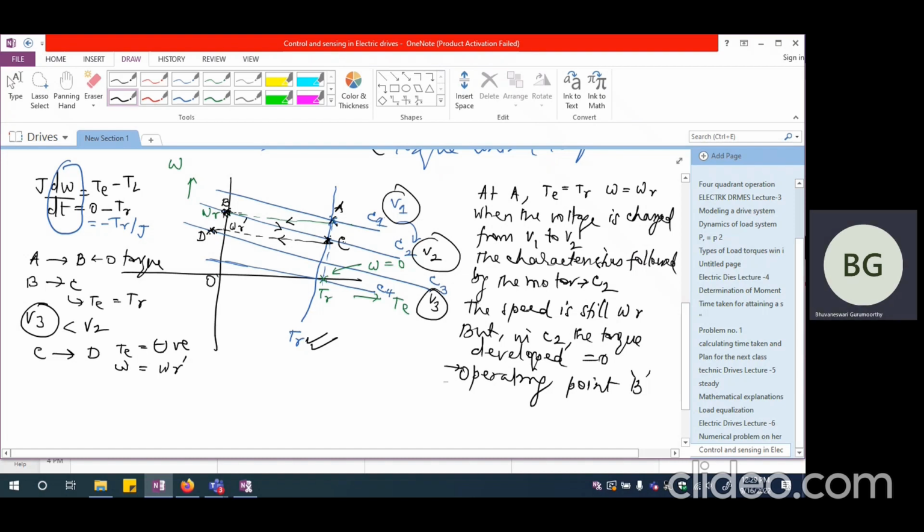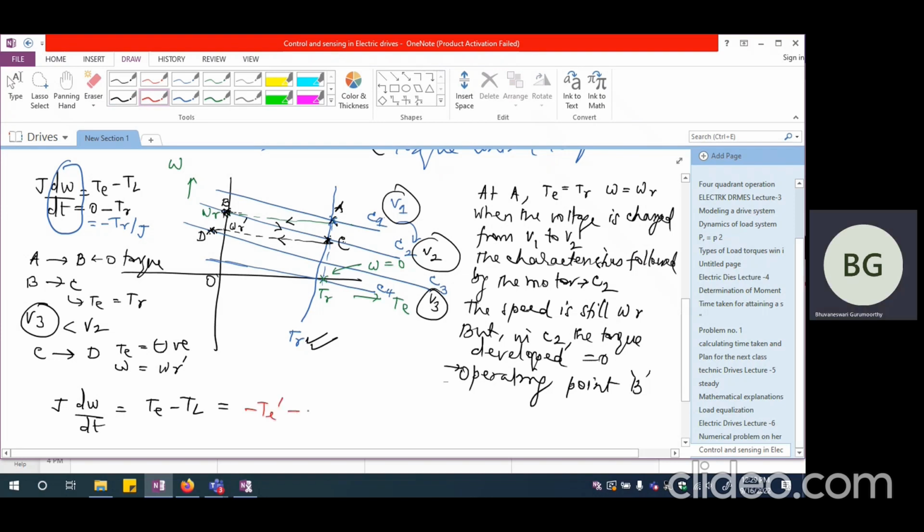Now, because the torque being developed is negative, J d omega by dt equals TE minus TL, which corresponds to a negative torque, negative TE. So this is going to be maybe minus TE1.